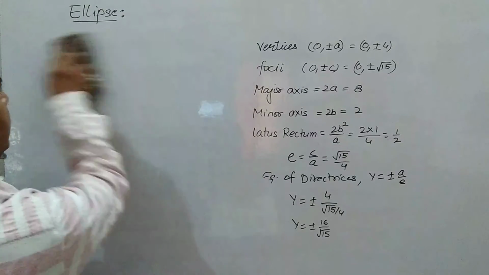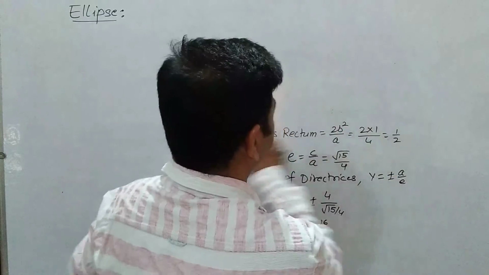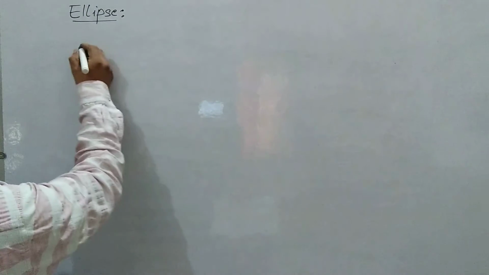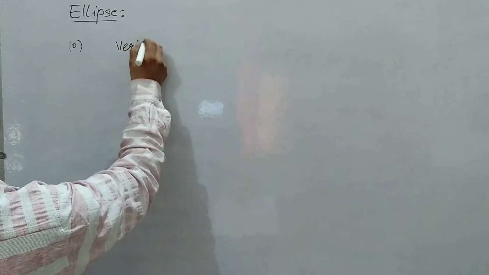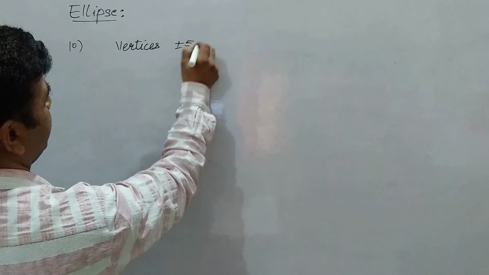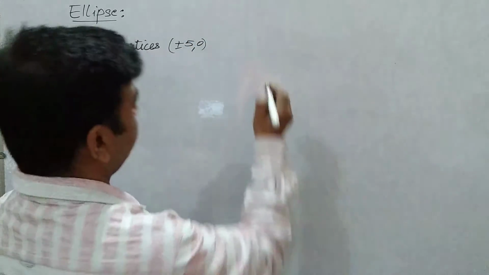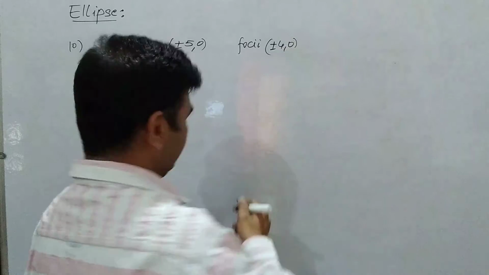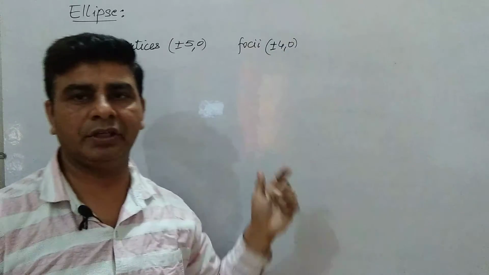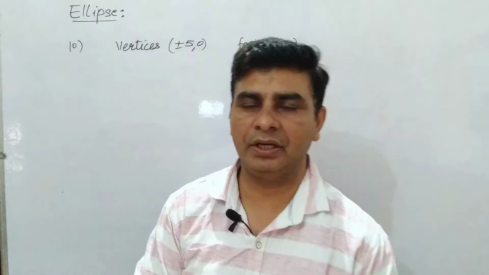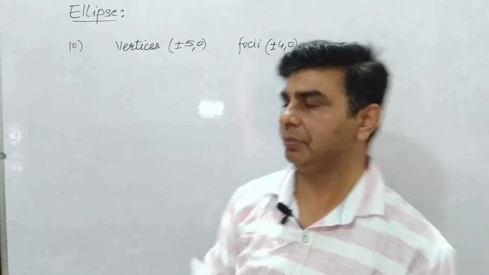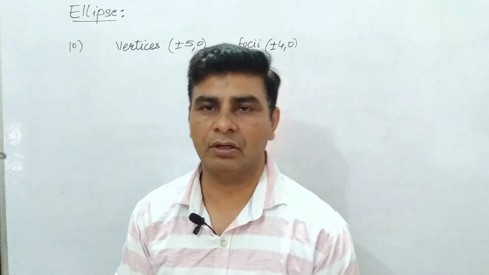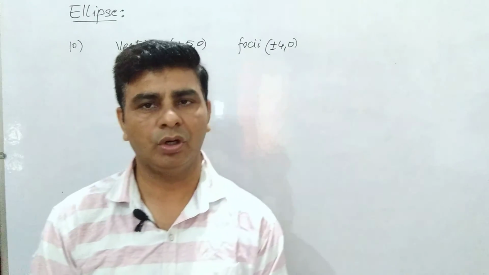Question number 10 is in which the condition is given that we want to find the equation of an ellipse in which vertices are plus minus 5, 0 and foci are plus minus 4, 0. देखिए बच्चों, एक बात तो क्लियर है इन वर्टिसेस और फोकस को देखने से तो क्लियर होता है कि जो इक्वेशन ऑफ एलिप्स हम बनाने वाले हैं, दैट इक्वेशन ऑफ एलिप्स विल बी और हॉरिजॉन्टल एलिप्स, बिकॉज इन केस ऑफ हॉरिजॉन्टल एलिप्स vertices and foci are always in the form of plus minus a comma 0 or plus minus c comma 0.